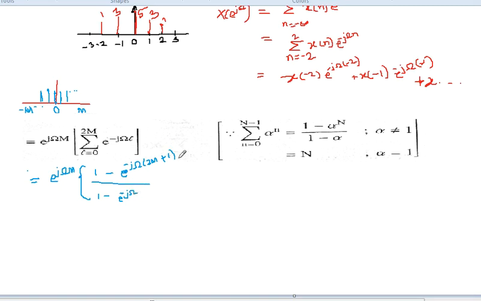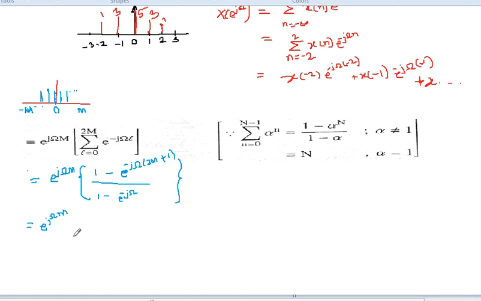So we'll write this. And to solve this further, what can we do? Here we have 1 and e to the power minus j omega (2M plus 1). So let's take from this equation e to the power j omega M as it is.